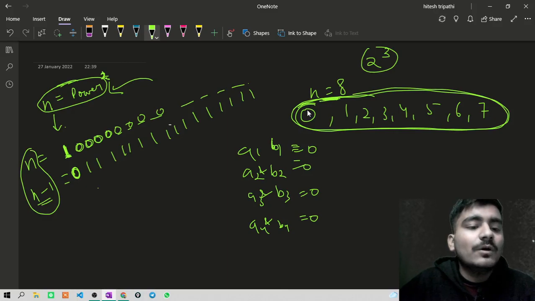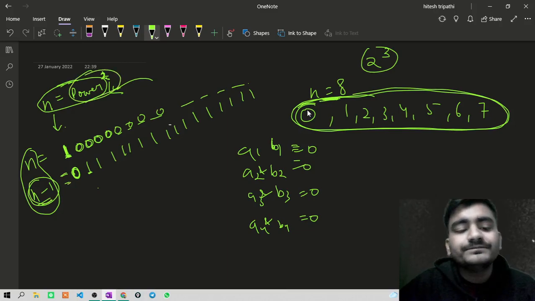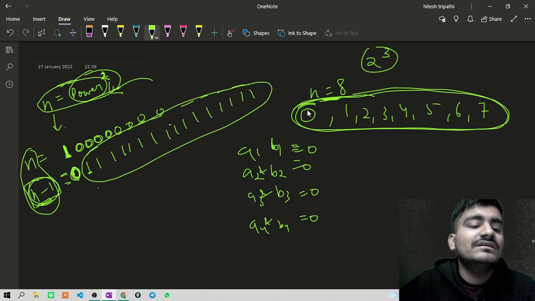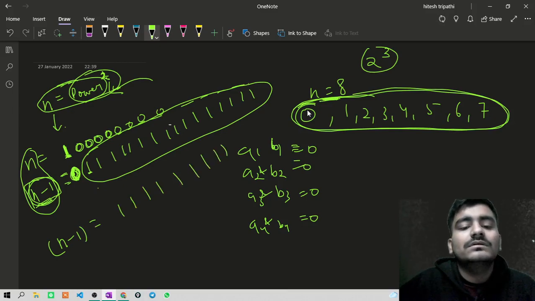How you can set all the bits by subtracting only 1 from n, or you can say from a number which is already a power of 2. As soon as you go from n to n minus 1, all the bits to its right will get set, and this already set bit will become equal to 0. Okay, so now you already know that n minus 1 is equal to this.